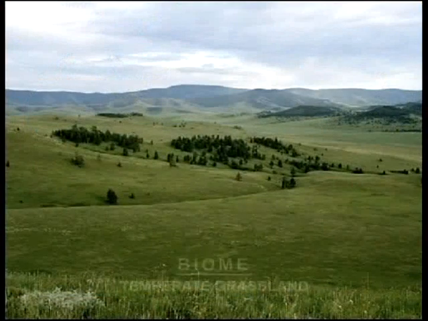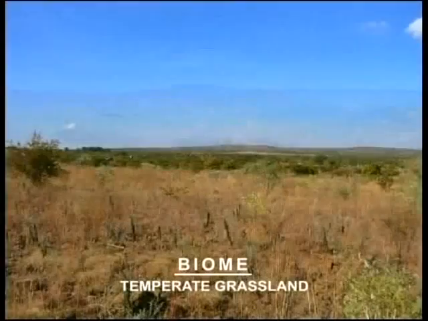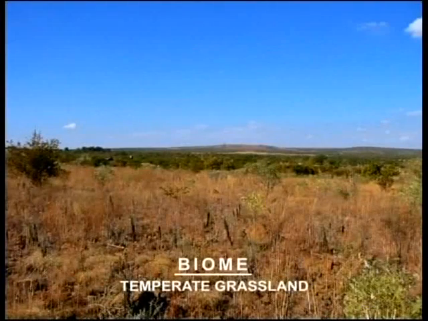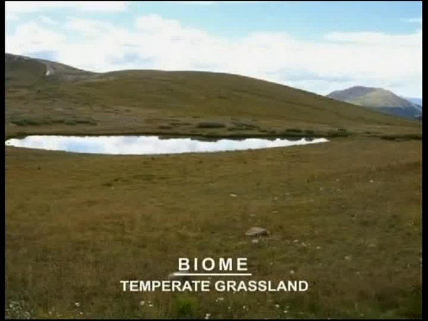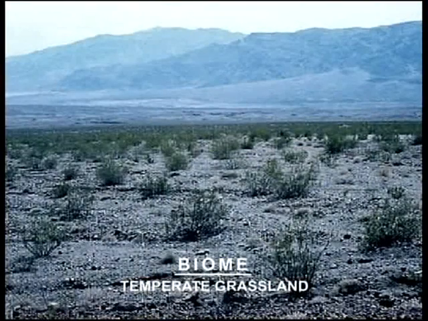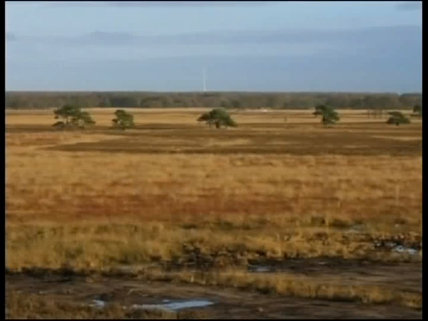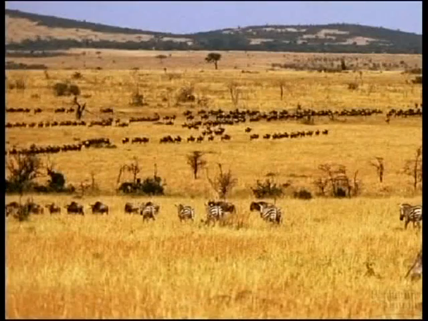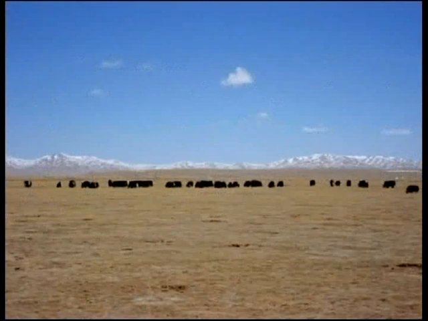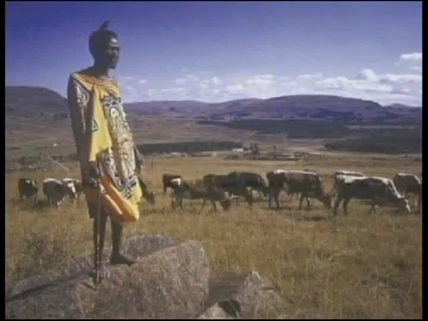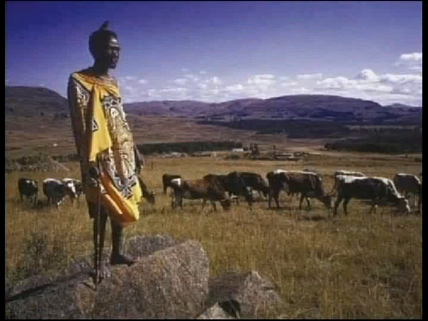The temperate grasslands are considered one of the world's most important biomes. But life in this biome is not an easy one. It can be very hard indeed. As we shall see ahead, the plants, animals and people living in this biome have to be tough to survive.